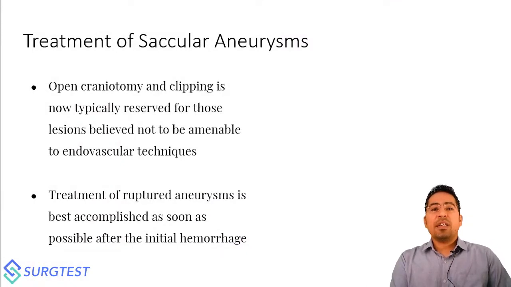Open craniotomy and clipping is now typically reserved for those lesions believed not to be amenable to endovascular techniques, and treatment of ruptured aneurysms is best accomplished as soon as possible after the initial hemorrhage. So if an aneurysm has bled once, then and there you have to do the management for the treatment of the aneurysm, so that it should not rupture again and should not cause risk to life.